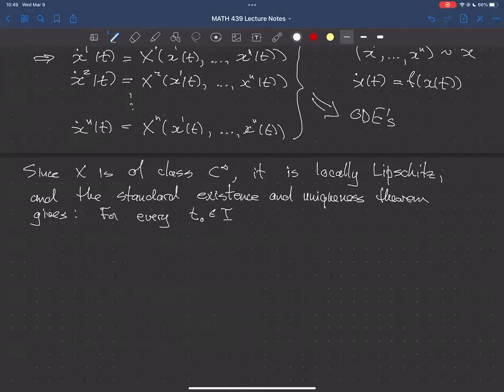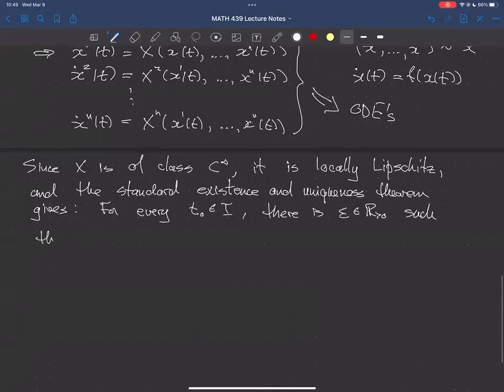That's going to be my initial time. It could be 0, but it doesn't have to be. So for every t naught in I, there is some positive number epsilon such that an integral curve exists.